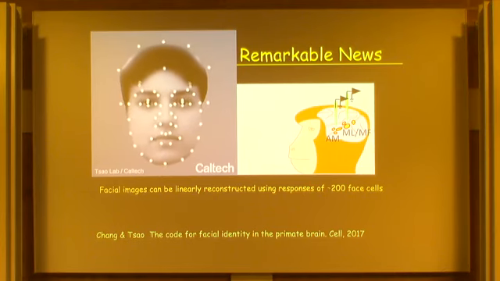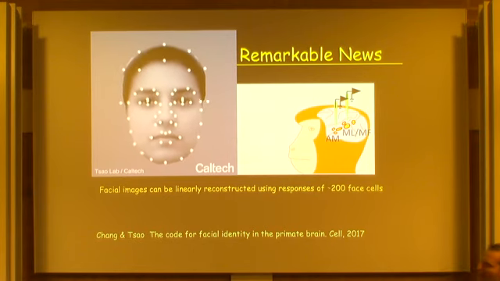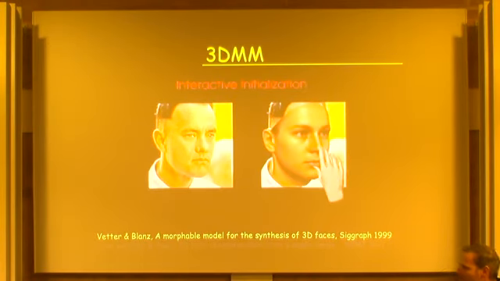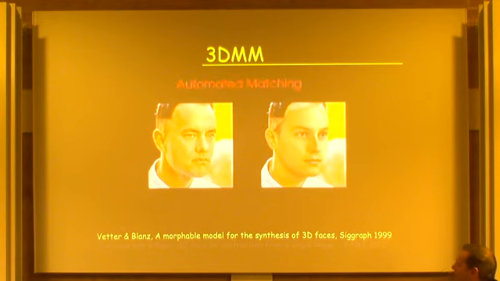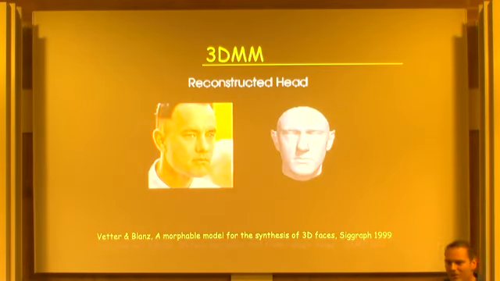And in the next slide, I would like to talk about what I think is a fundamental experiment in computer vision and computer graphics. This is a method that was built by Vetter and Blanz, two Swiss researchers. And they claimed the following. They claimed that the space of all possible geometries of faces can be captured by 200 numbers.